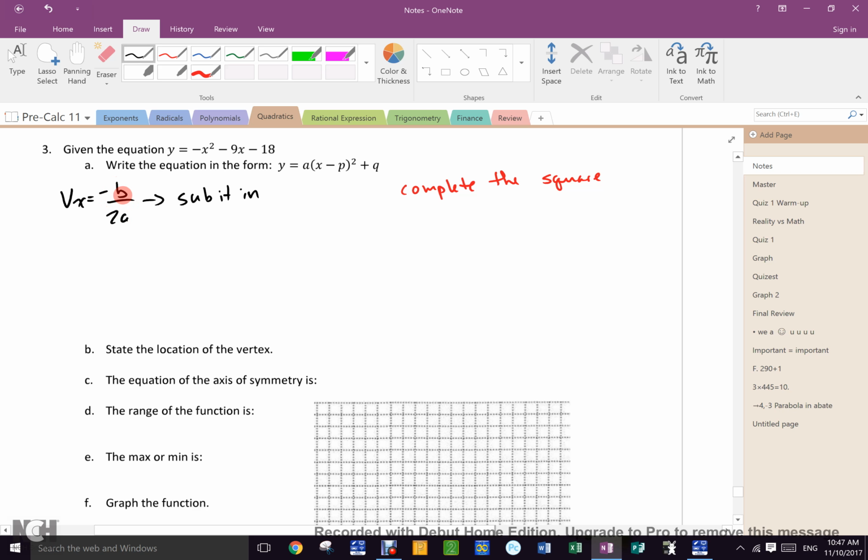I feel like doing this one today. So the Vx equals 9, not negative 9, over negative 2, which is negative 4.5 if you have to work with decimals. Many of you don't like working with fractions, so many of you like working with decimals.